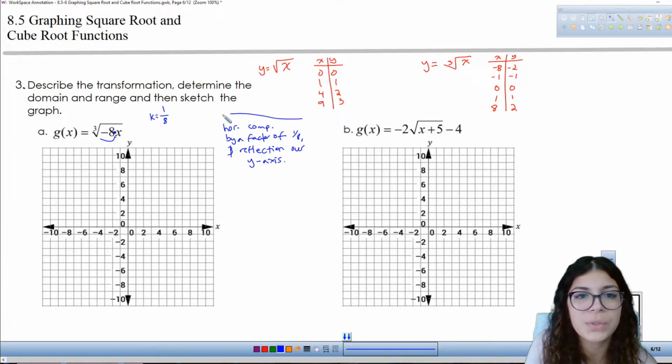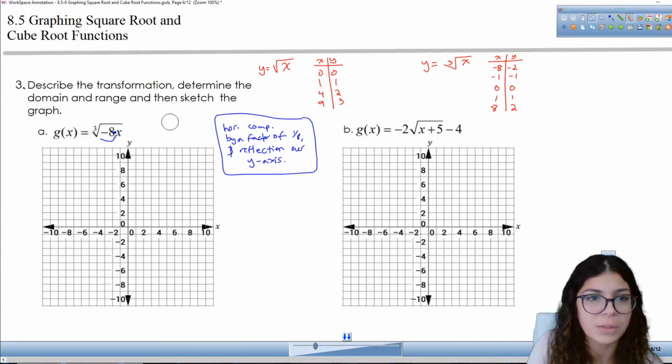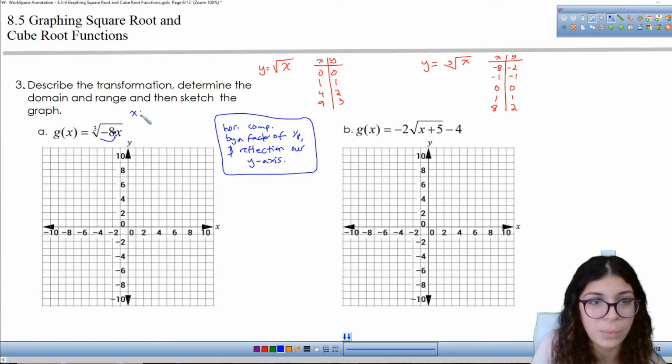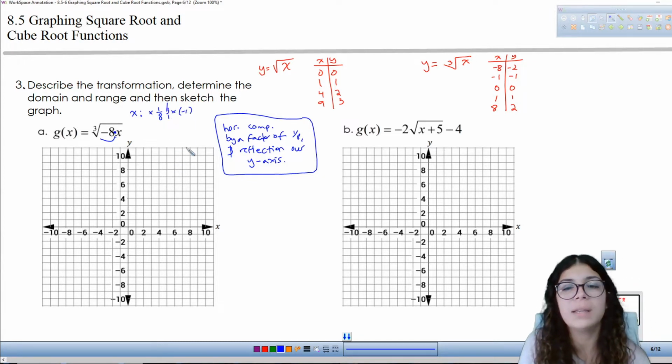All right, so those are the transformations, okay? So to the x value, and I sometimes like to make a little note, right? So to the x value, we are going to multiply by 1/8 and then multiply by -1, because we have to change the sign of the x value as well. So we have to do both of those. Multiply by 1/8 and then multiply by -1.